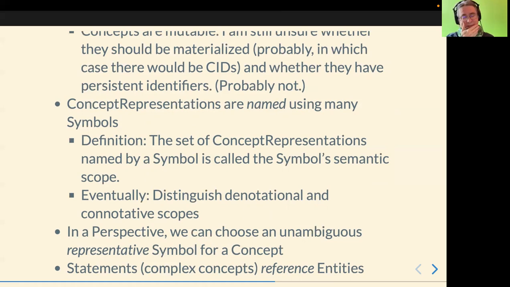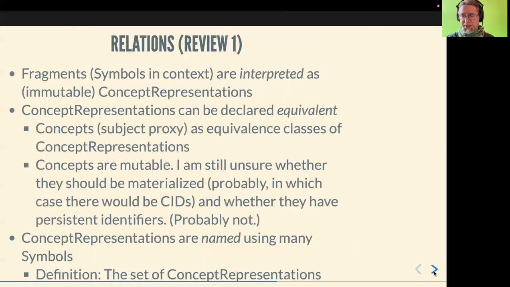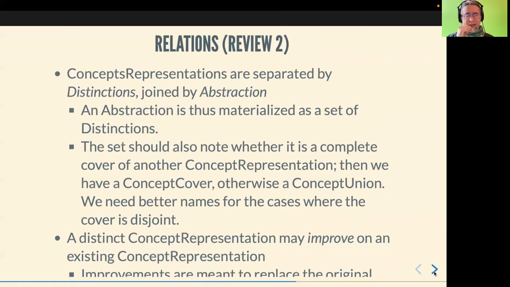In a local perspective, we can choose an ambiguous representative symbol for a concept. That should be a concept representation here. And statements reference entities. I won't be using that so much here. Then distinction and abstraction. This is new stuff actually, the notion of abstraction as a set.